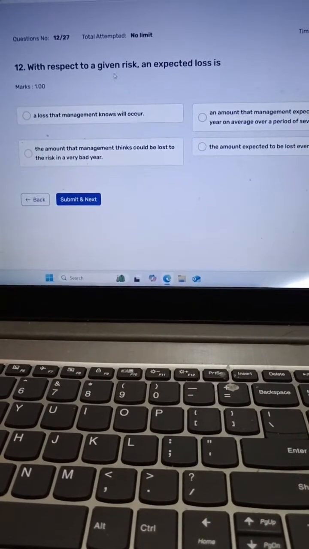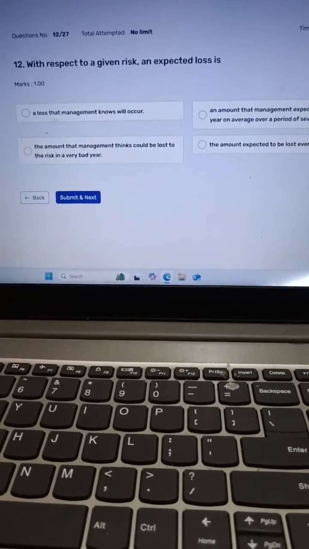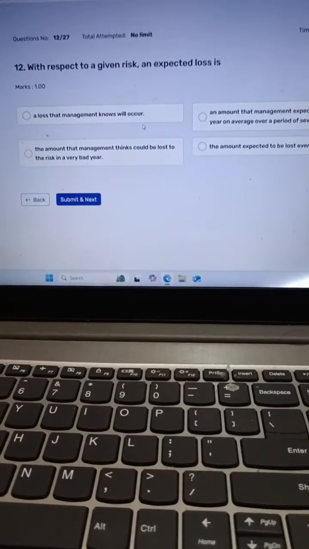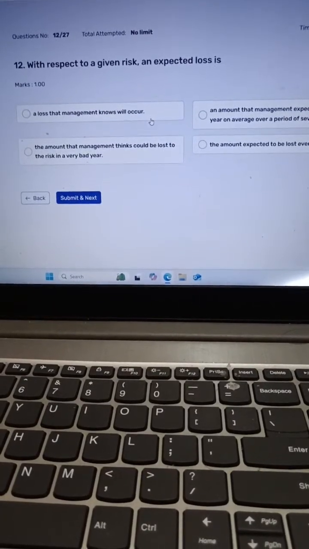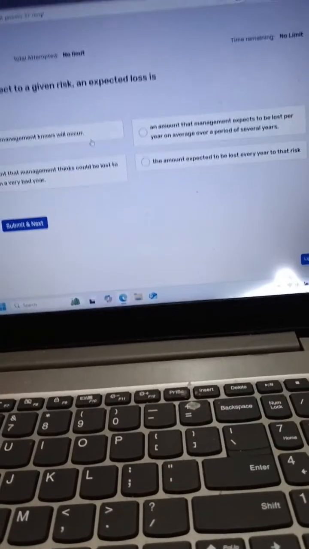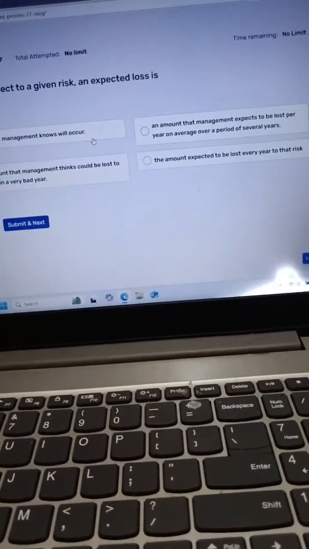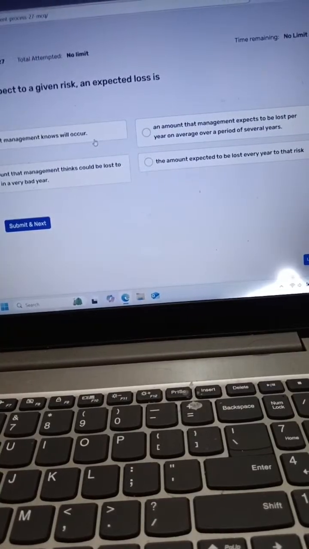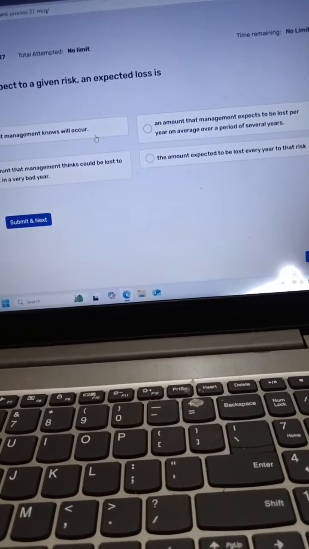With respect to the given risks and unexpected losses, the loss that management knows will occur. Oh, sorry, this is expected loss, that management knows will occur. But when it occurs, how much damage will there be to the enterprise?